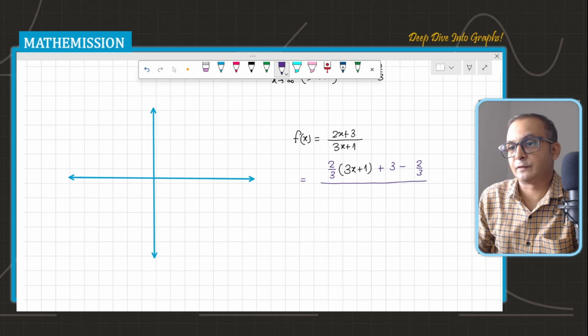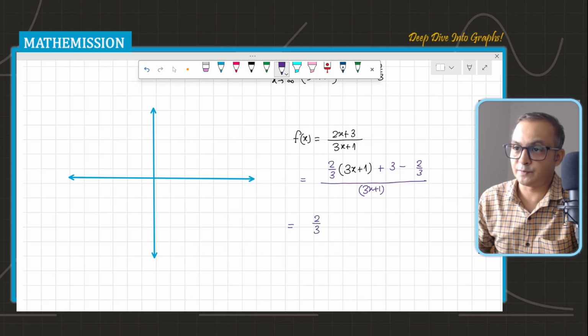And the denominator I already have 3x + 1. Next I can separate it, so I will get 2/3 in the first place, and here I'm getting 9 minus 2, 7, so I believe it's 7/3 times 1/(3x + 1).